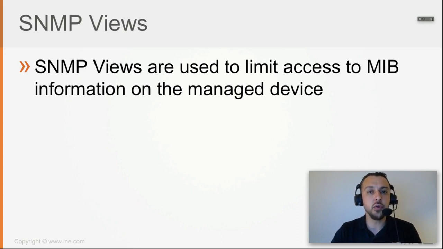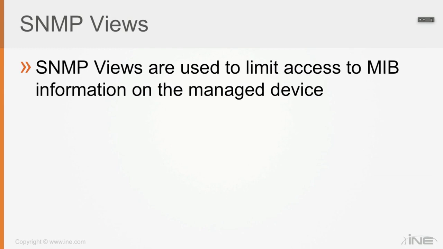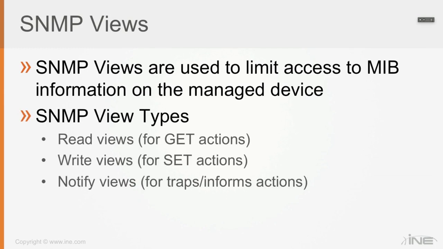An SNMP view allows a manager to view only some of the MIBs, which means to have access to, to read or to write, only parts of the router's MIBs, not all of them. We have three view types: read views, which are used for get actions, when the manager reads something from the managed device.